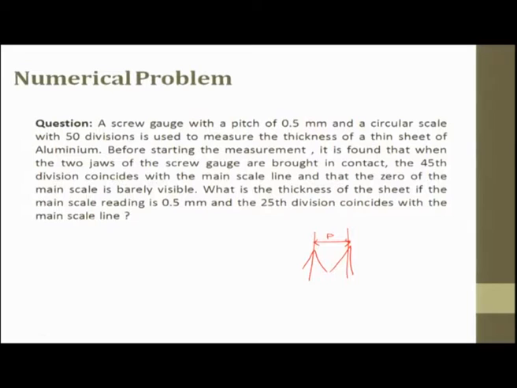So, the lesson of this problem is, before trying to take any measurement using any instrument, dial it to 0. See whether you get 0 in the ground state. Before the start of the measurement, just make both the jaws of the screw gauge come close to each other and see whether the 0 divisions are matching.